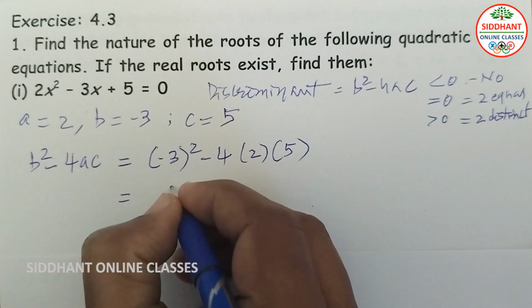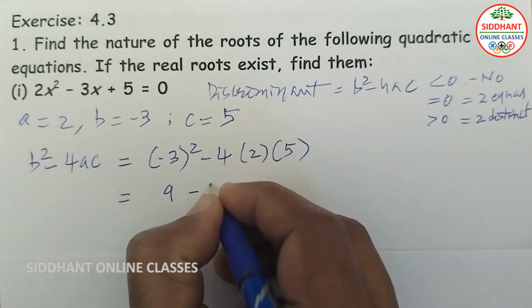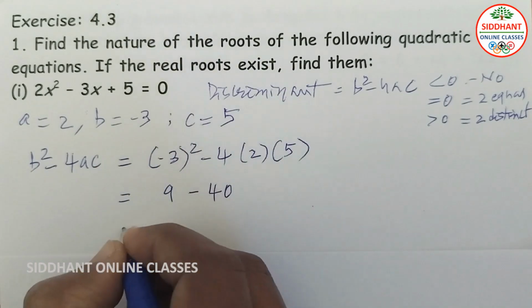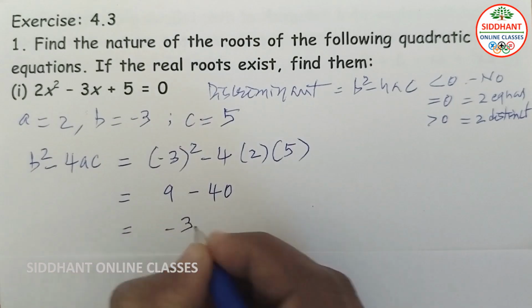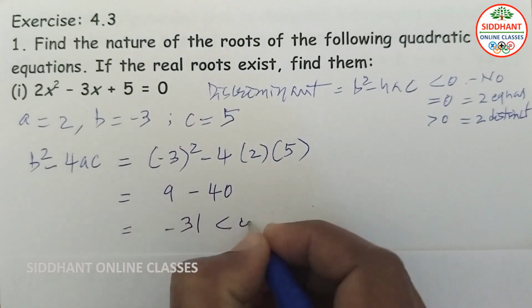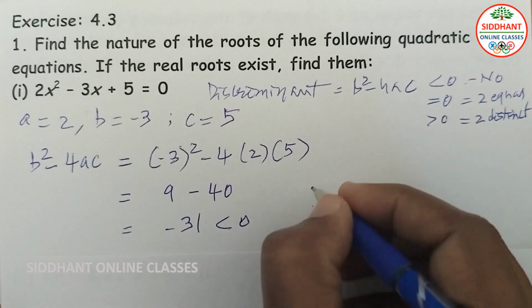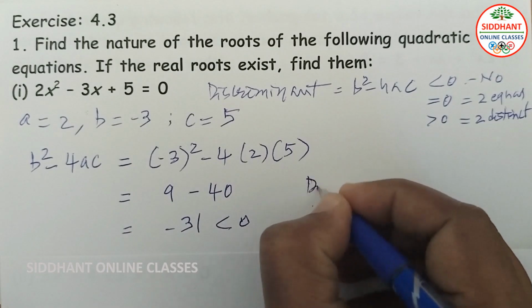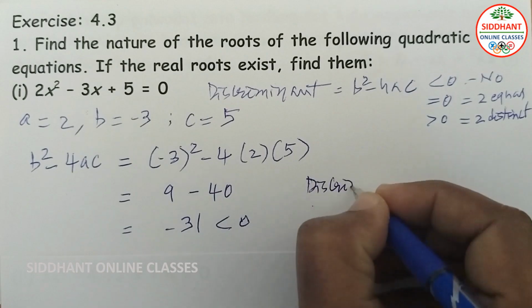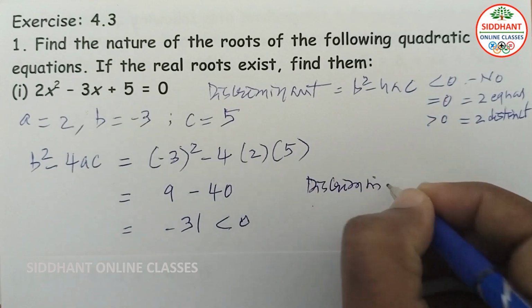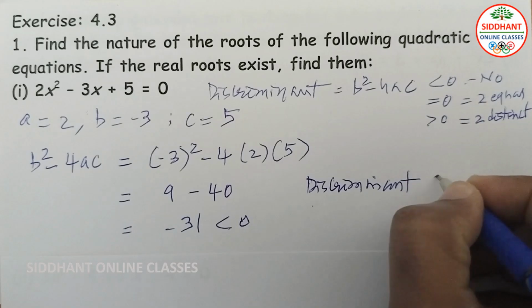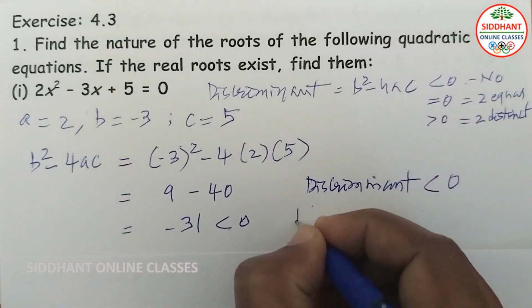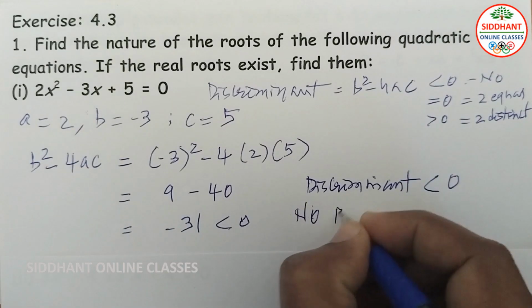So that will be 9 − 40, which equals −31, which is less than 0 here. So we are going to say the discriminant is less than 0, no real roots.